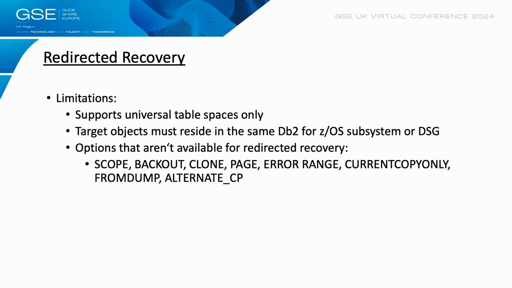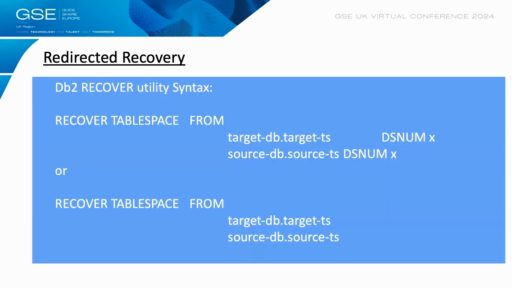Limitations, okay. Target objects must reside in the same Db2 or data sharing group. Universal table spaces only. Everything's for universal table spaces now. And then there are a few small things that aren't supported. And I said the syntax, I thought about this very well.